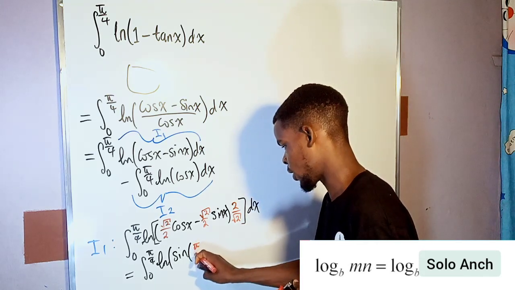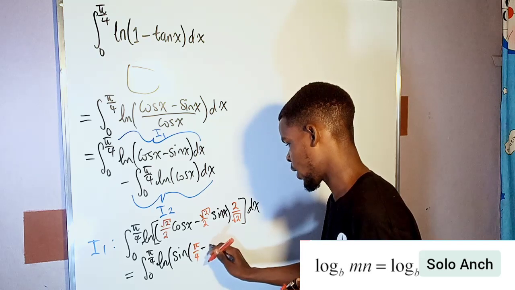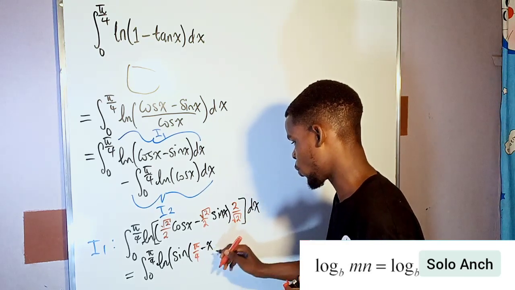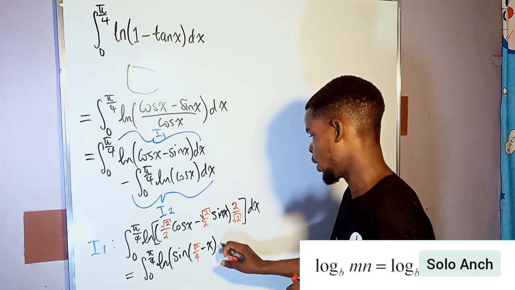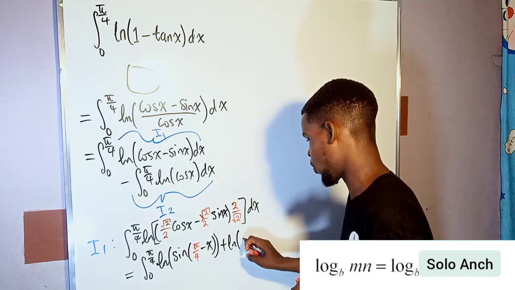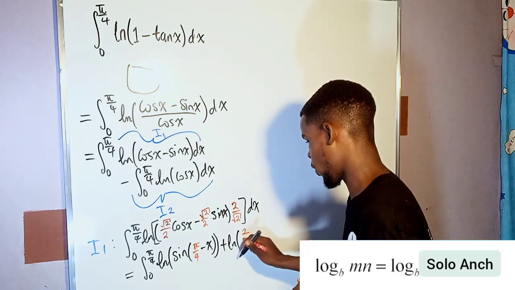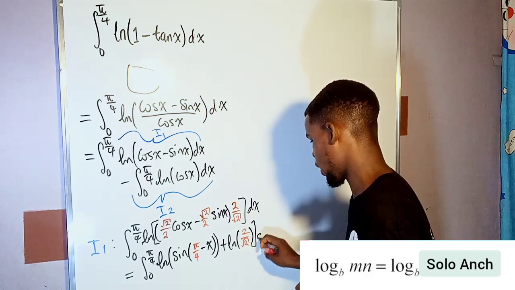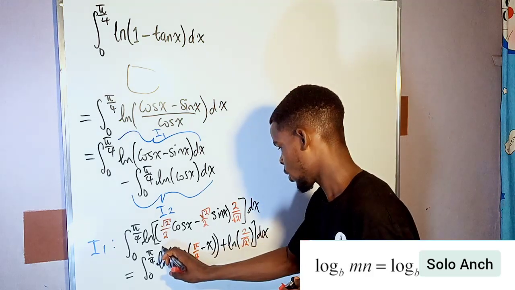So let me put it down here, sine of pi over 4 minus x. Good. So the pi over 4 accounts for the root 2 over 2. Okay, and then, taking that as a sum, that is plus the natural logarithm of root 2 over 2. Good. Then maybe we can put the dx down here.